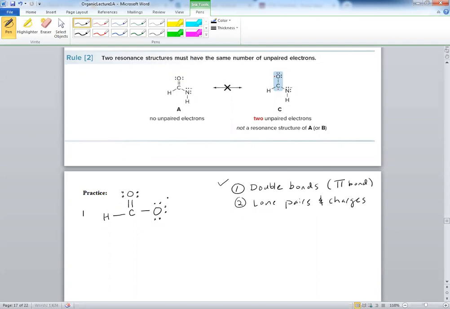If you recall, that's why you need to get the formal charges understood. There would be a negative on oxygen. Then the next thing is, ask yourself, is there a way I can actually move the lone pair into a double bond and then the double bond into a lone pair? Let's look at it.